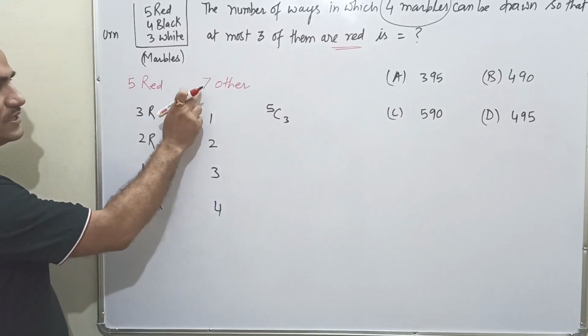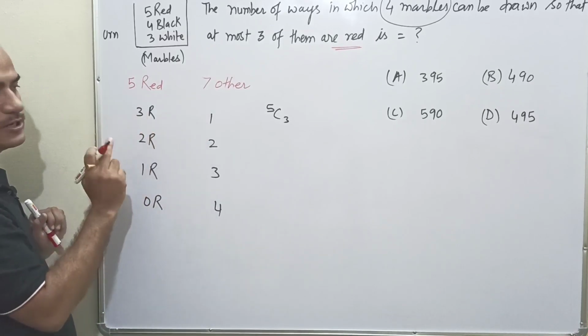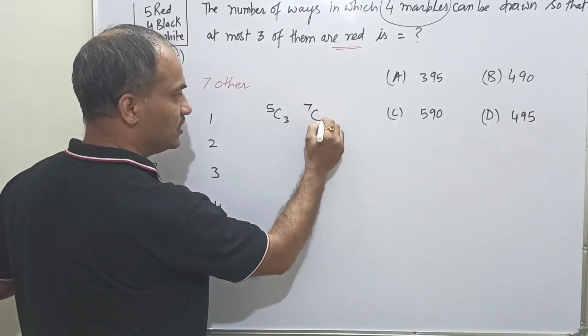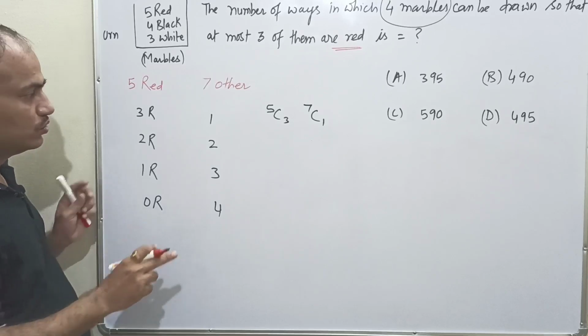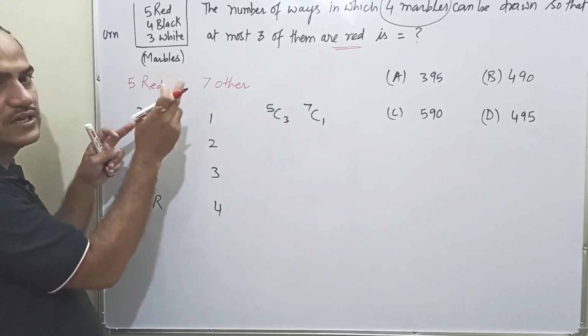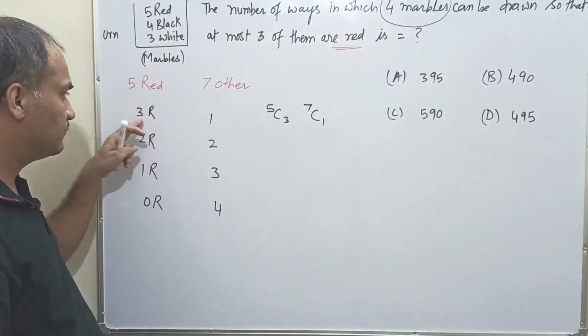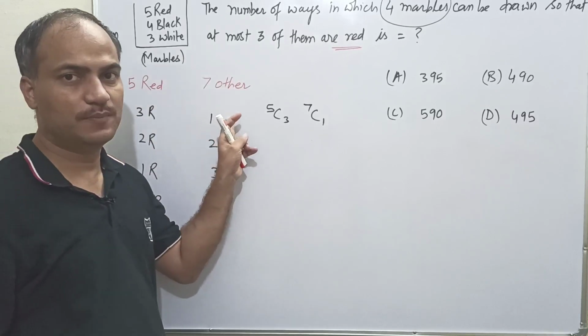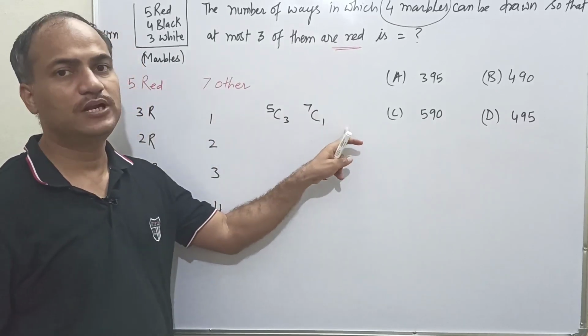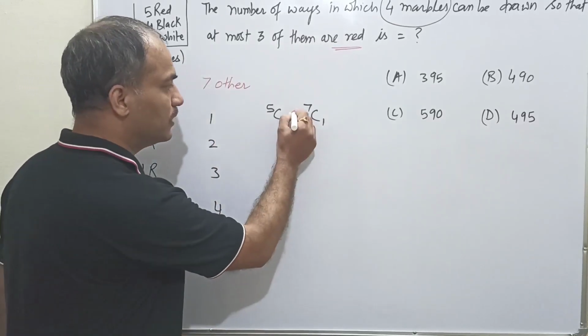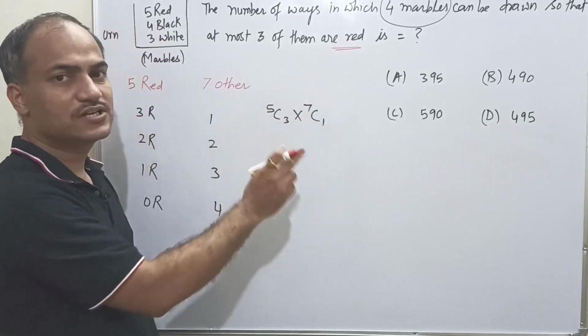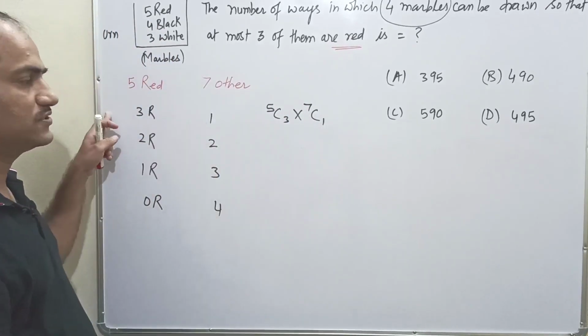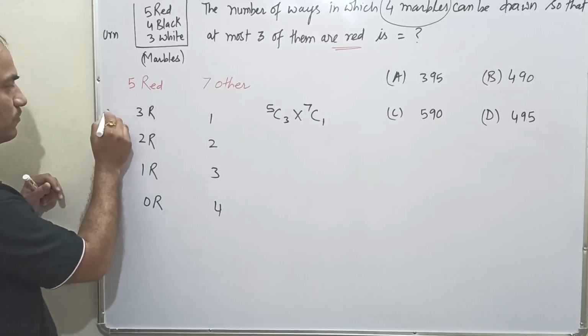5C3. Clear? Out of 7 we are drawing 1. So this can be done in 7C1 ways. We know our event is completed only when this is completed as well as this is completed. So we have to multiply these two. इन दोनों को multiply करना होगा. So this will give us total ways in this first case. ठीक है, these are 4 possibilities.